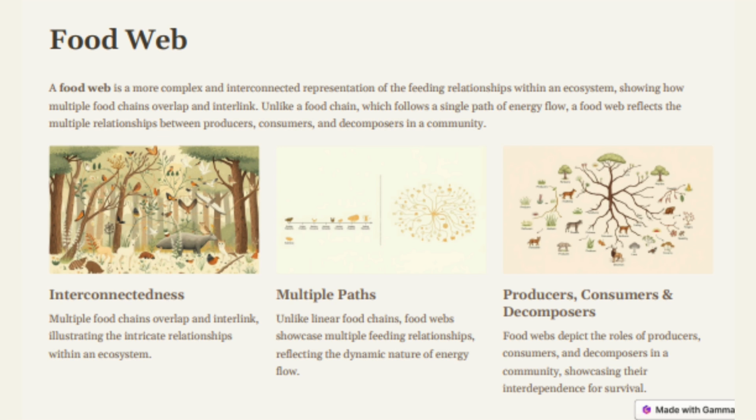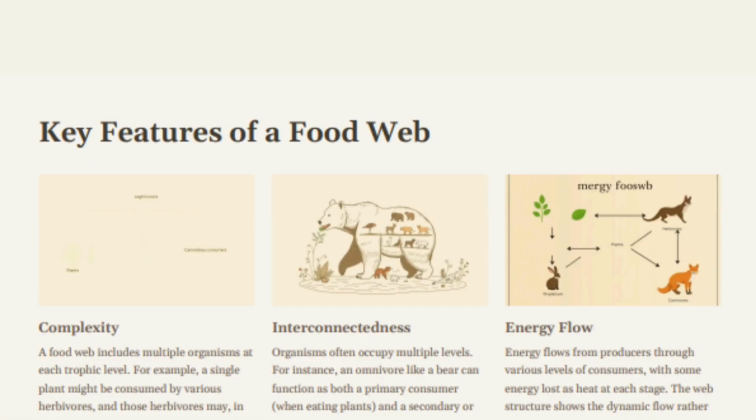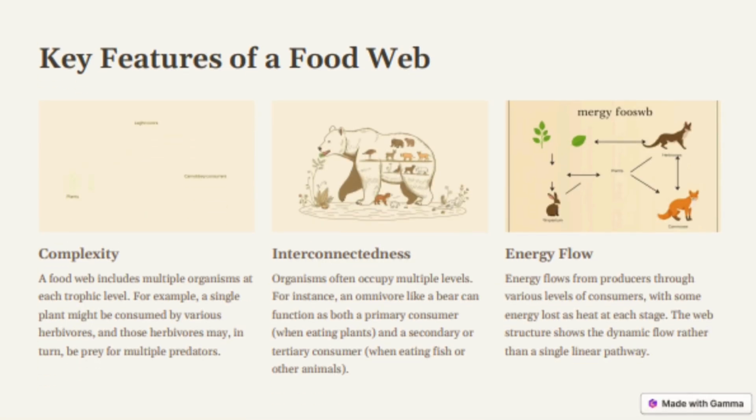Multiple paths. So food web showcases multiple feeding relationships, and then producers, consumers, and decomposers. So food webs depict the roles of producers, consumers, and decomposers in a community, showcasing their interdependence for survival.